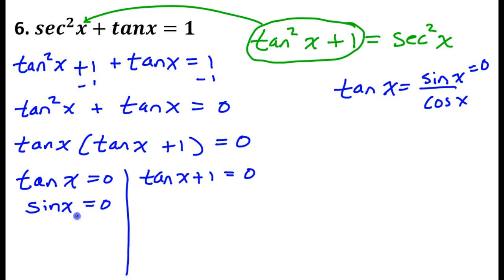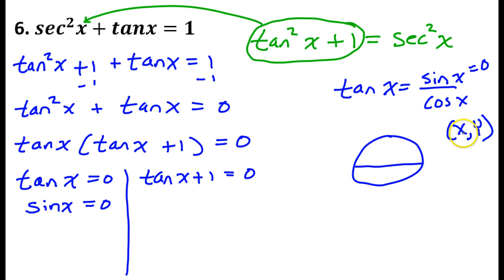And okay, so fine, where does sine equal 0 then? Well, if I look at the unit circle, remembering that on a unit circle every point x, y is in the form cosine comma sine. In other words, the sine is the y value of every point on the unit circle. So where will a y value equal 0 on the unit circle? Y values equal 0 on the x-axis.